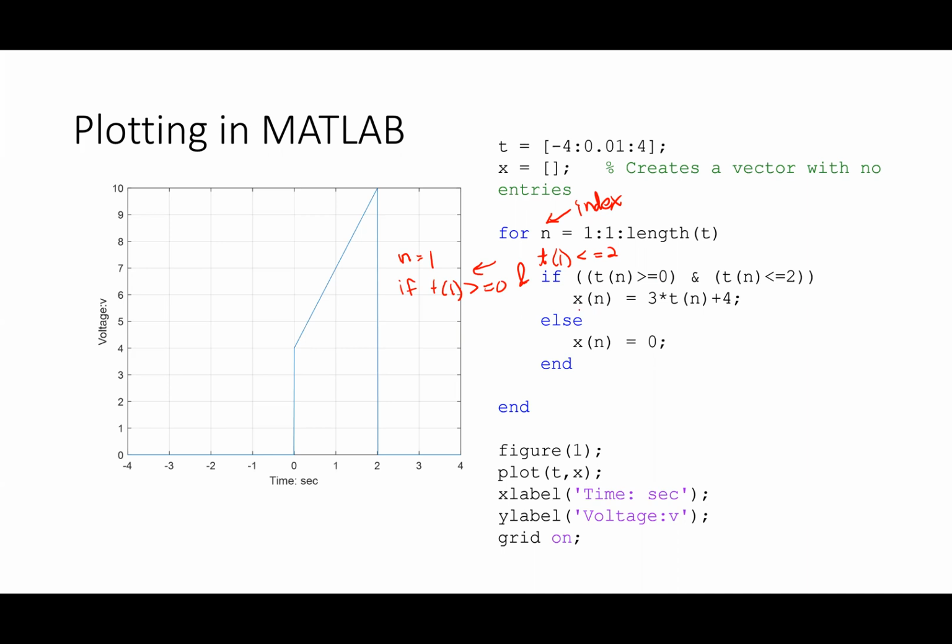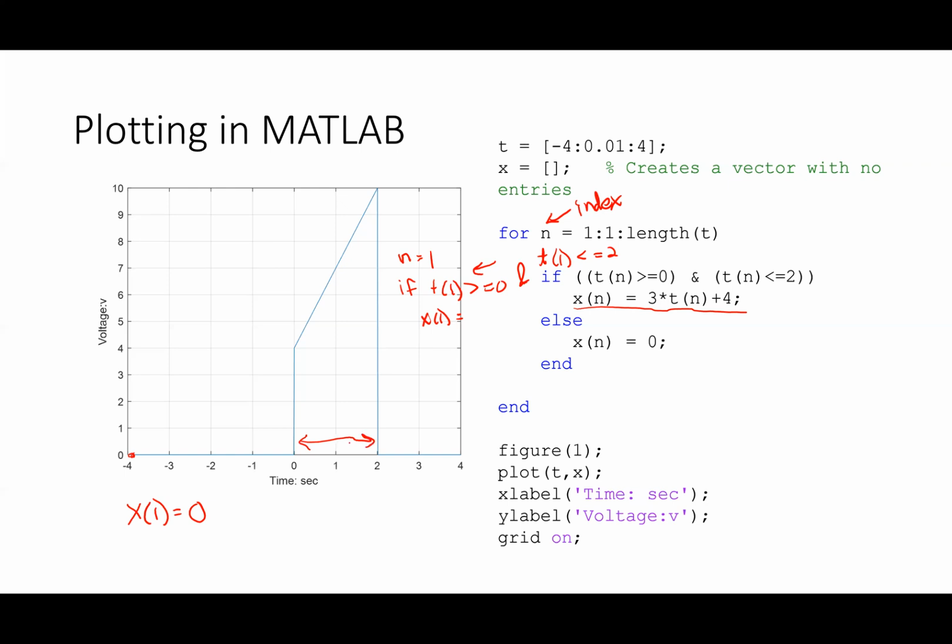If so, x of n should be equal to this value. But t of 1 is over here, at -4, so it goes to the else statement, and x of 1 is equal to 0. It keeps incrementing until n is high enough that my time vector is in this range.